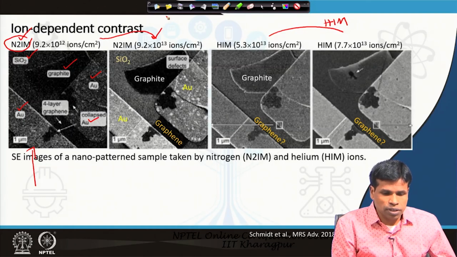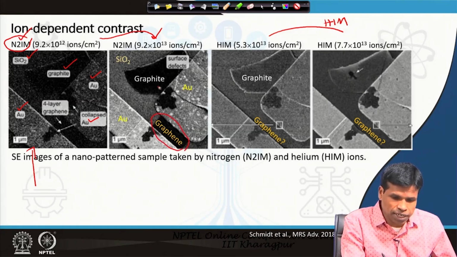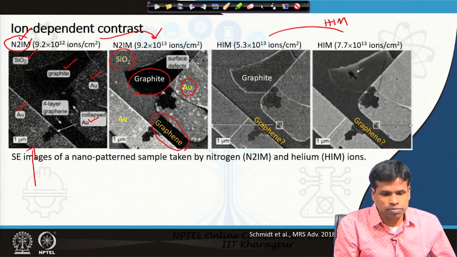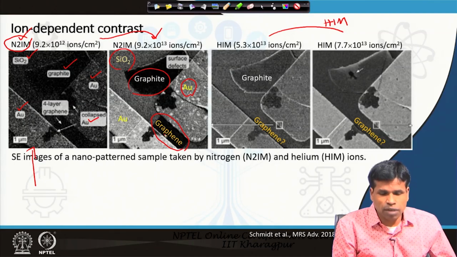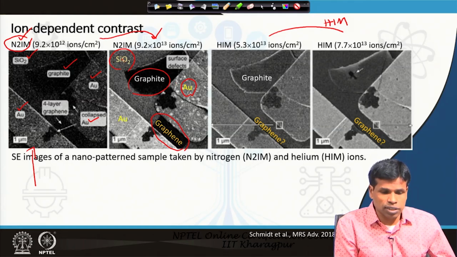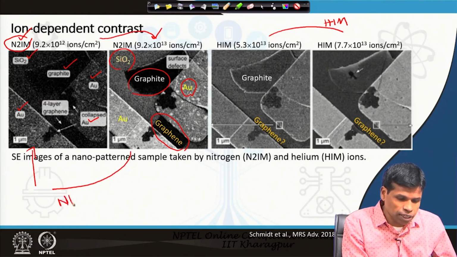You can see that at the graphene place it is completely dark. Similarly, graphite is also completely dark. Gold contrast is not the same as SiO2 contrast. So graphite and graphene have similar contrast, whereas gold and SiO2 have a different contrast in nitrogen ion microscopy, NIM.